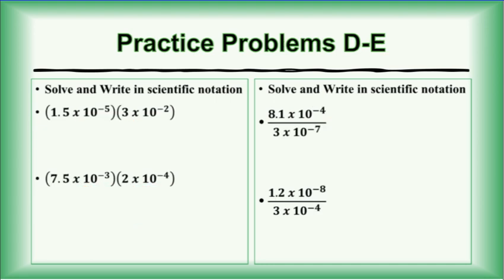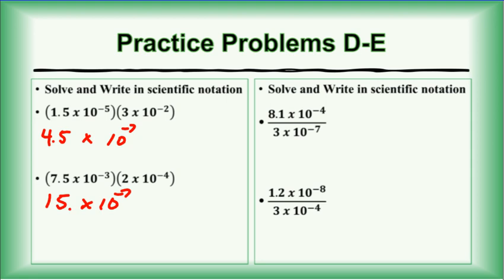And final questions here, 1.5 times 3 gives us 4.5 times 10. Negative 5 plus a negative 2 is a negative 7. 7.5 times 2 is 15 times 10 to the negative 7th.